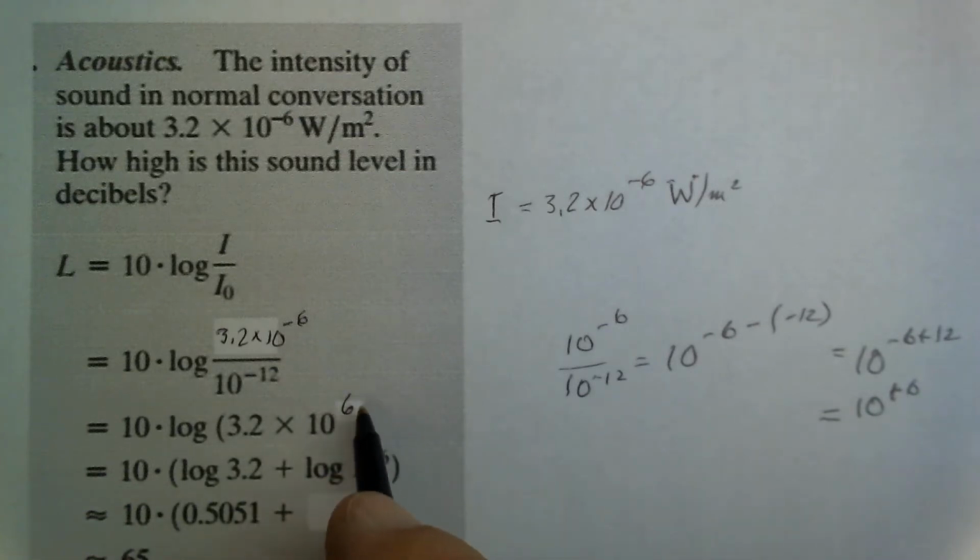So that's where this 10 to the 6 comes from. Therefore, we have 10 times the log of 3.2 plus the log of 10 to the 6.